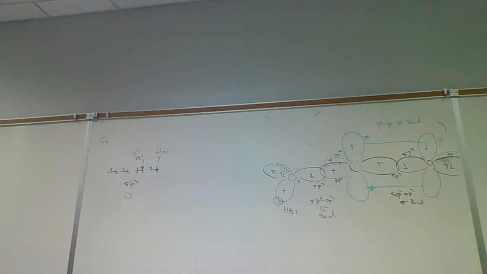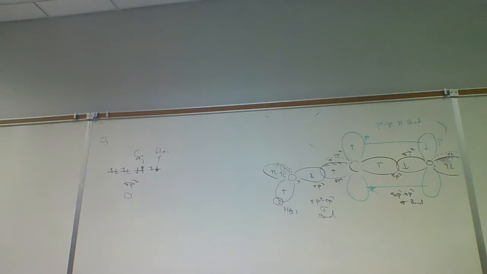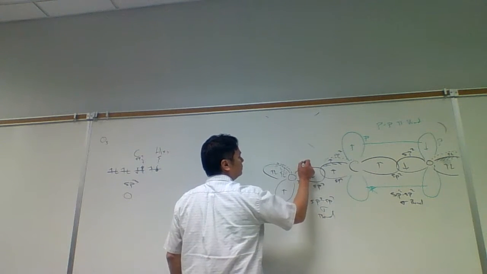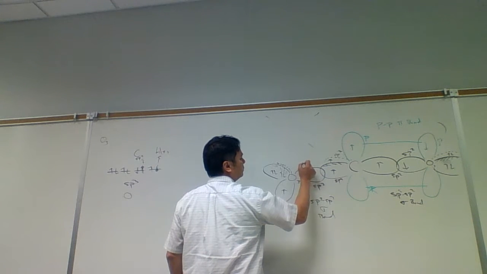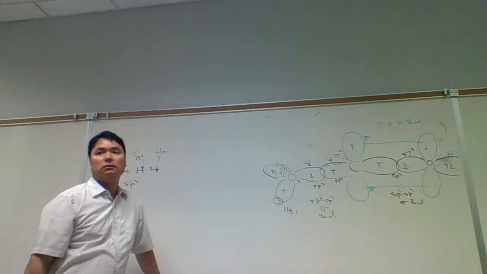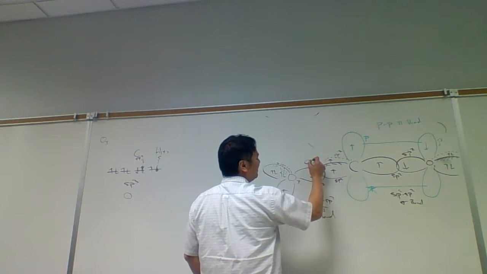Then we have one more oxygen. We have this oxygen 2. What's the hybridization on oxygen 2? sp3. And so for oxygen 2, how am I going to draw that?